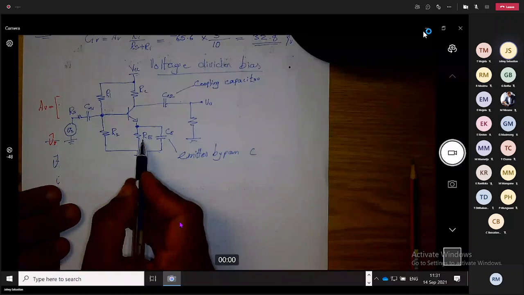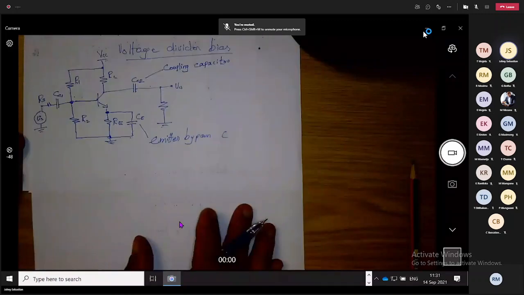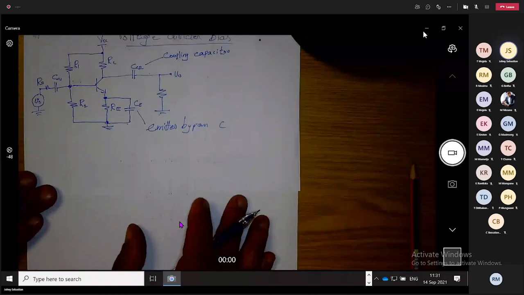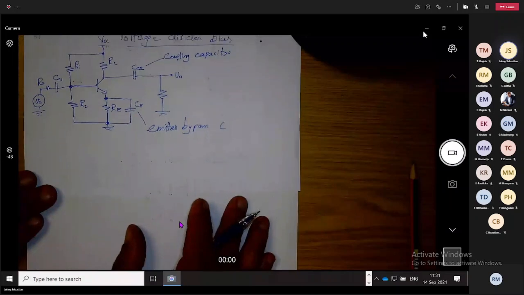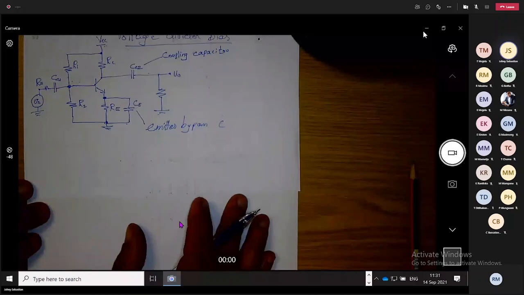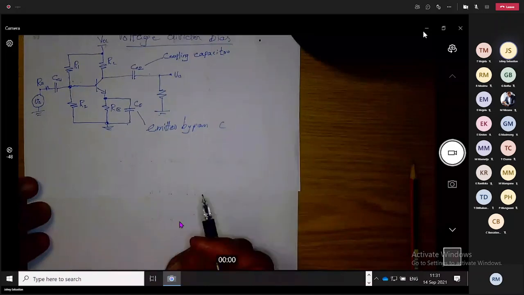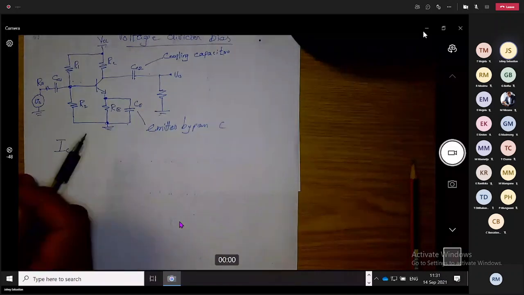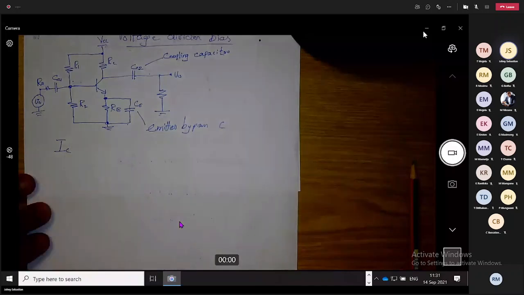Now, we recapture a little bit of things that we did in our BJTs at DC. To analyze, if you want to do a small signal analysis, number one thing that you need is your collector current. Currently, in this kind of a bias, collector current value is not given. So we go for DC analysis.